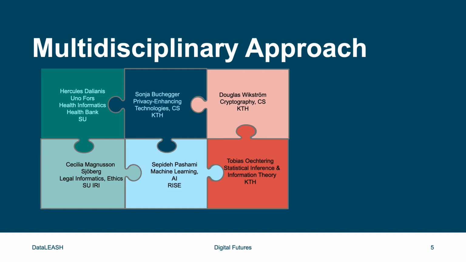And at KTH, we have a combination of disciplines such as privacy-enhancing technology, computer science, cryptography, statistical inference, and information theory. And from RISE, we have a team working from a machine learning and AI perspective. And we now highlight just a few aspects of our work.